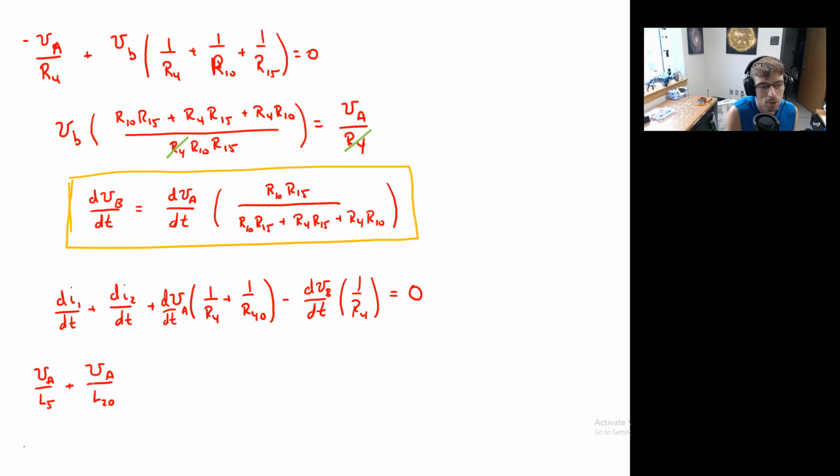So I've got those two. Then I have this whole rigmarole, dVA, excuse me, I keep switching between capital and lowercase, dt. I've got this, I guess I'll put it as R4 plus R40 over R4 times R40. Put it like that, I guess.